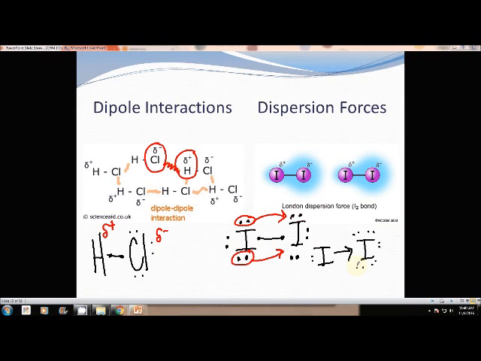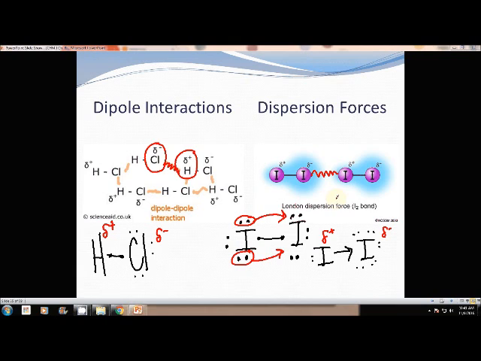Because of that uneven distribution, it creates a polar molecule. So we'd have a slightly positive and slightly negative side, which would then be able to create that interaction between multiple molecules. But this doesn't normally like to happen because it likes to be nice, symmetrical, and even. So it's very weak in the fact that it wants to go back to how it originally was, so this bond will break, letting it go back to its original form.